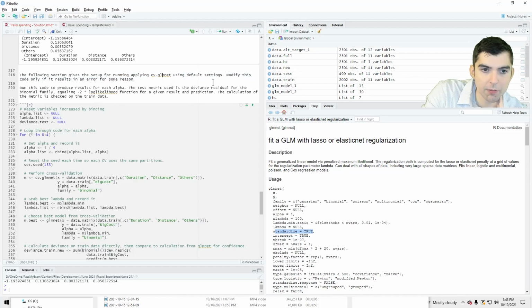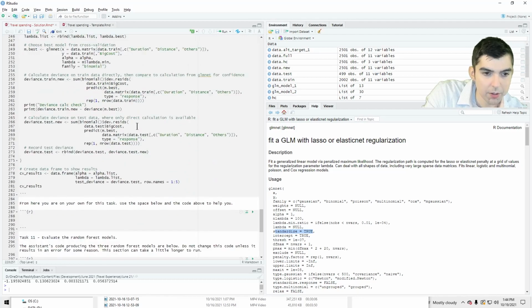Modify this code only if it results in an error for some reason. Run this code to produce results for each alpha. The test metric used is the deviance residual for the binomial family, equating -2 times log likelihood function for a given result and prediction. The calculation of the metric is checked on the trained data.